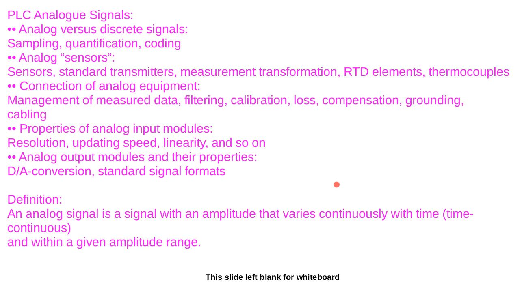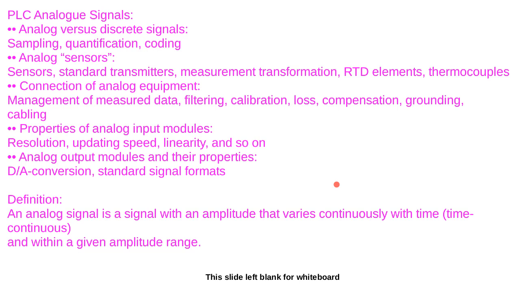An analog signal is a signal with an amplitude that varies continuously with time. And here it means that time is continuous, within a given amplitude range.